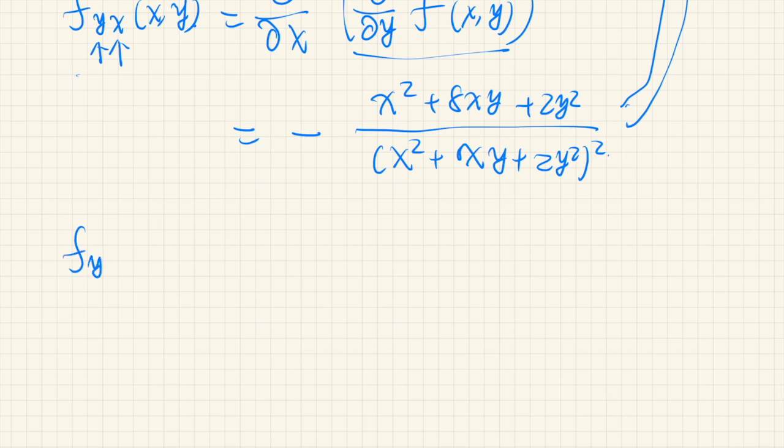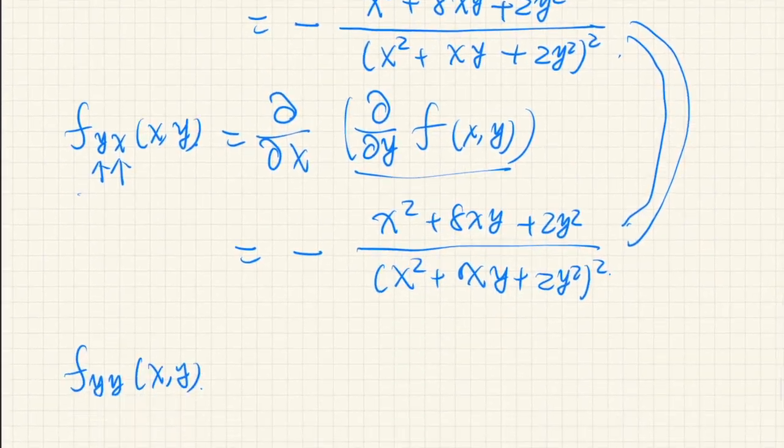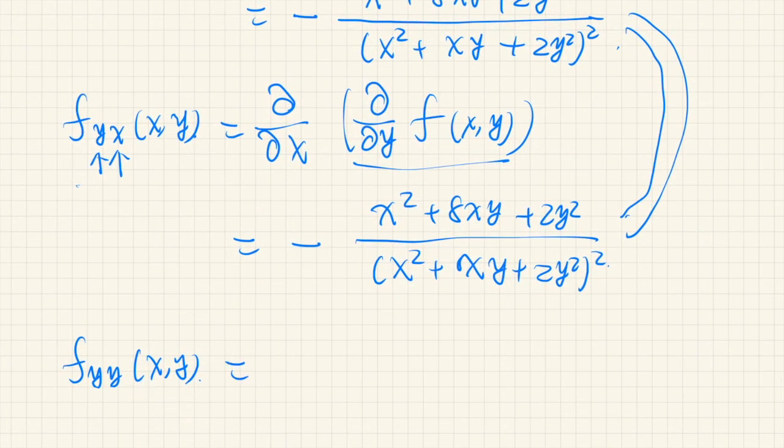And next, calculate this one. So the second derivative with respect to y and y. So that is, we again differentiate this derivative with respect to y. I will just give you the answer. It should be this, not 3, it's 2. Minus 4xy minus 8y squared.